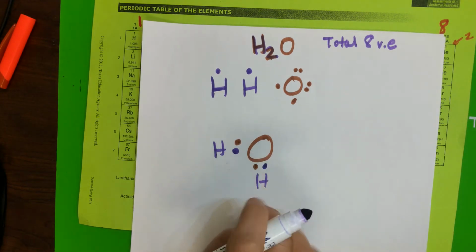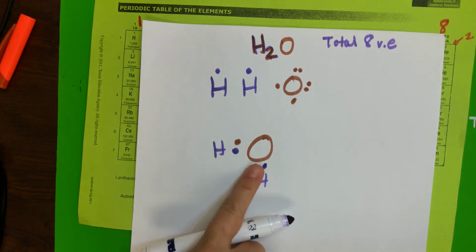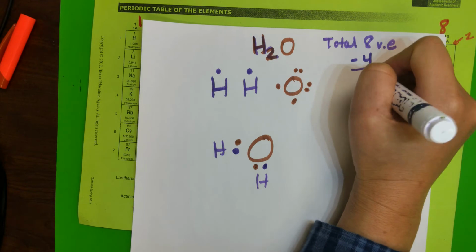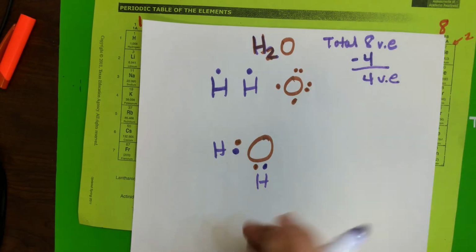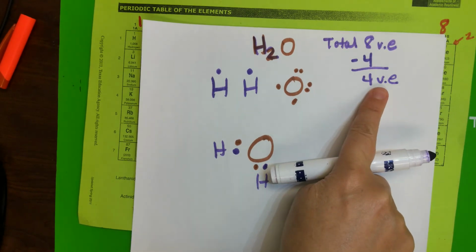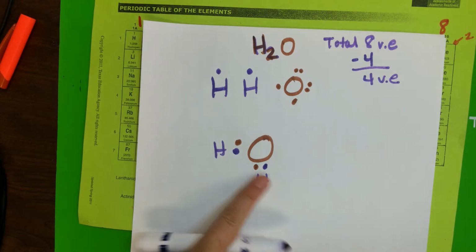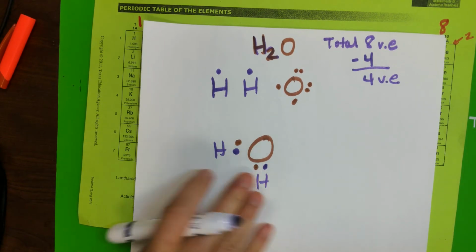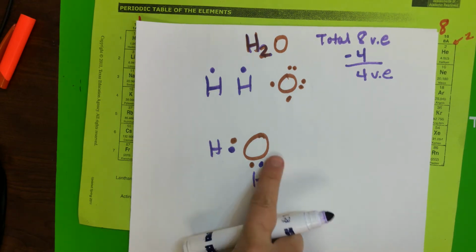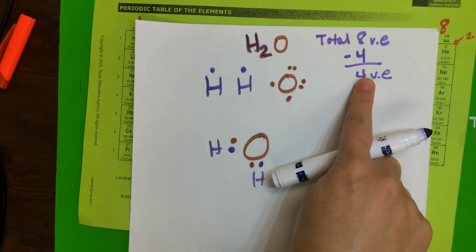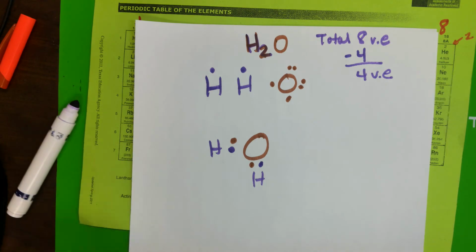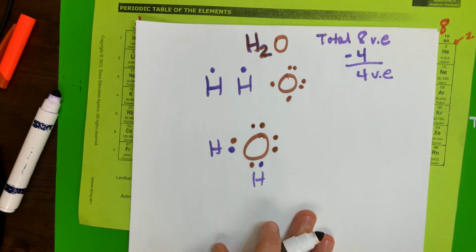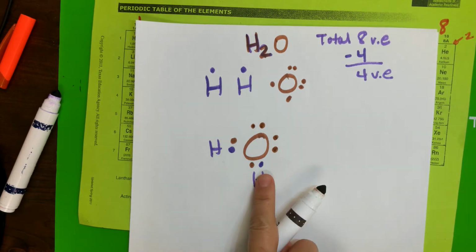So you already used 4 dots from this 8. It's minus 4, which means you need 4 more valence electrons. Those 4 are not going to go in the hydrogen because hydrogen already has 2 and only follows the duet rule. It won't do more than 2. So the other 4 will go in the oxygen: 1, 2, 3, 4. And that will be it.